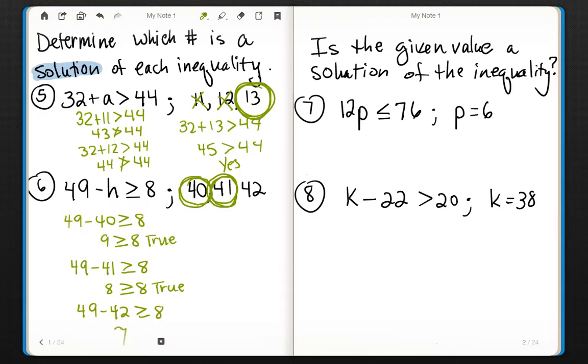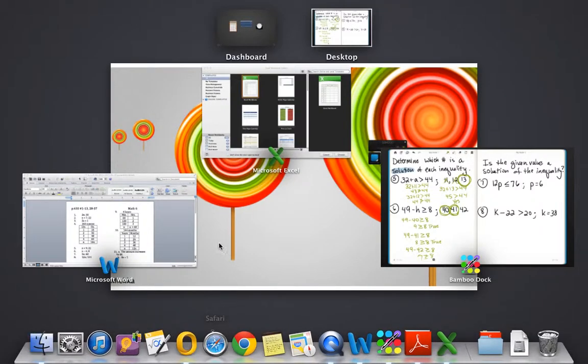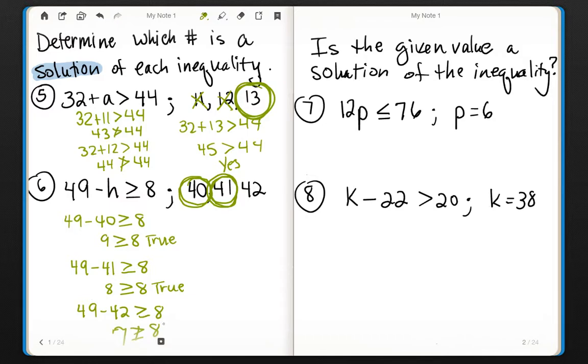So we get 7 is greater than or equal to 8, which, is that true? No, 7 is less than 8. Whoops. So that's not true. We'll put false. So therefore 42 is not a solution. That one had 2.